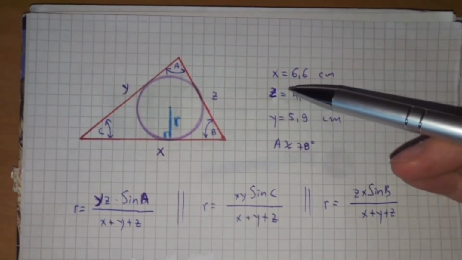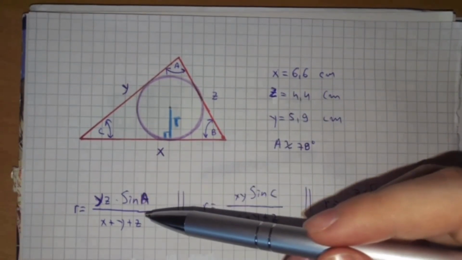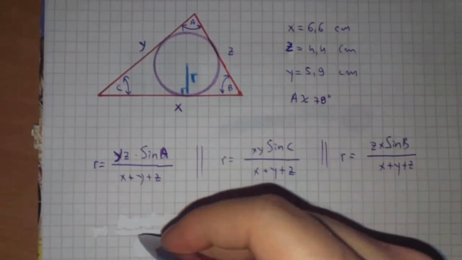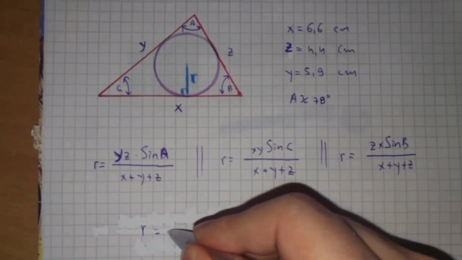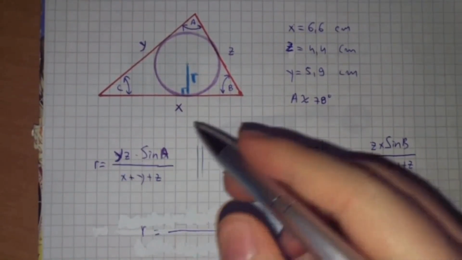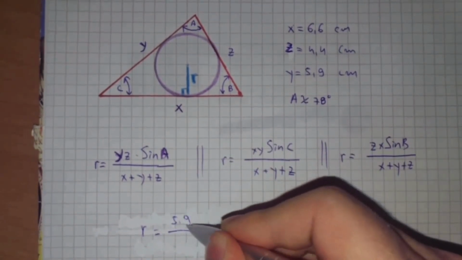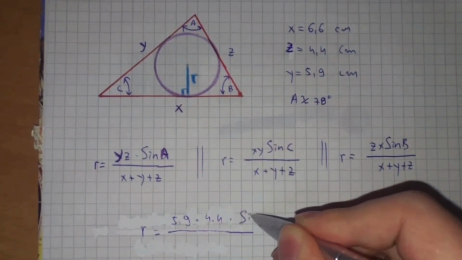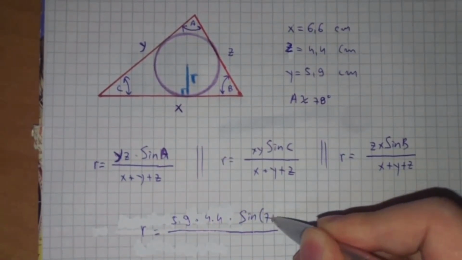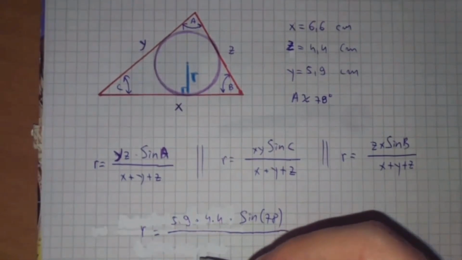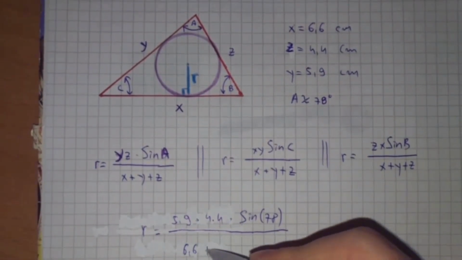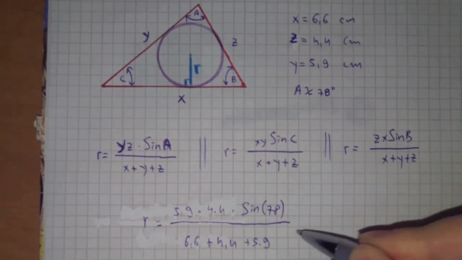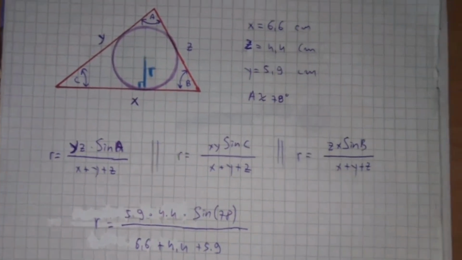So if this formula works, we should get as a result a number that is pretty close to 1.5 centimeters. So let's go ahead and plug these values into this equation and see what we are going to get. So R is equal to Y times Z, 5.9 times 4.4 times the sine of A, which is 78 degrees, and divide all of that by 6.6 plus 4.4 plus 5.9. Let's put this into the calculator.